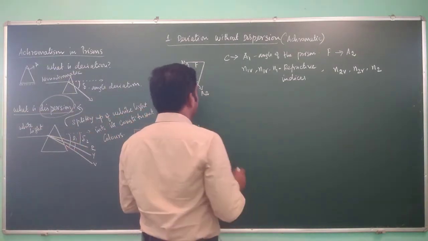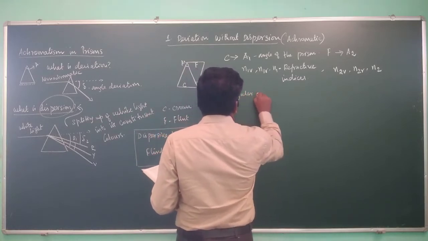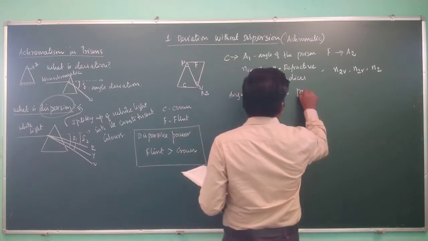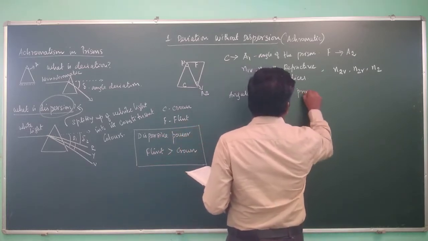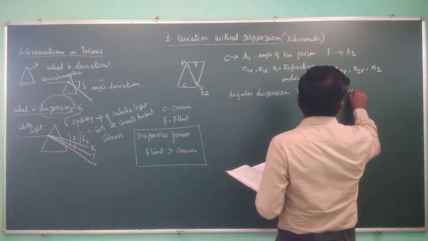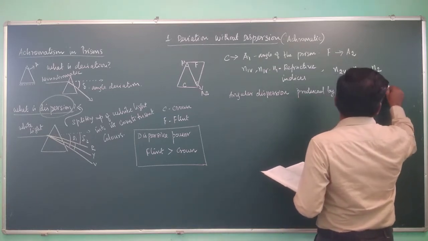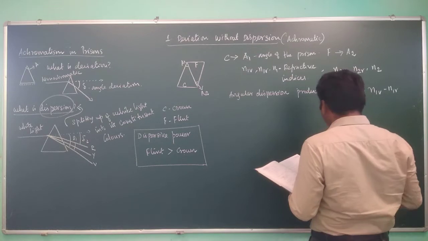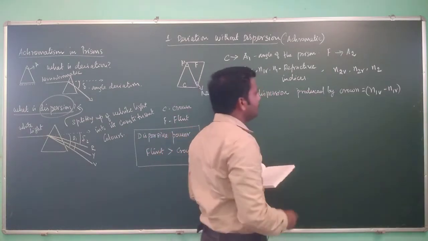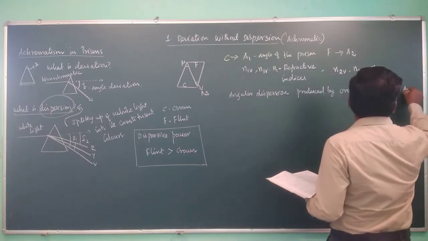So now, such angular dispersion produced by crown prism is N1V minus N1R multiplied by A1, right?